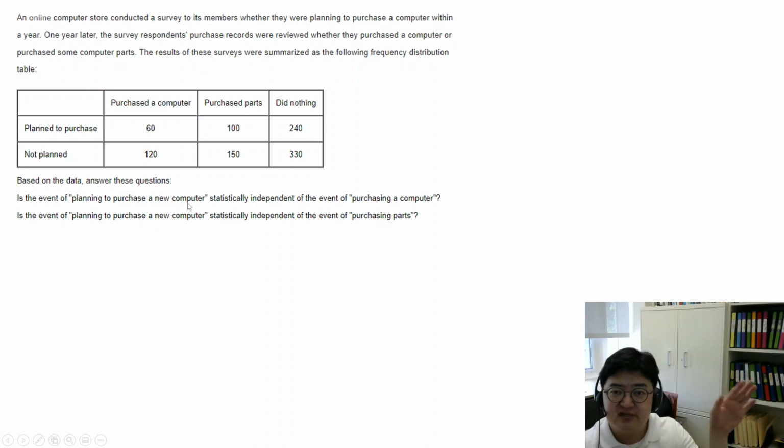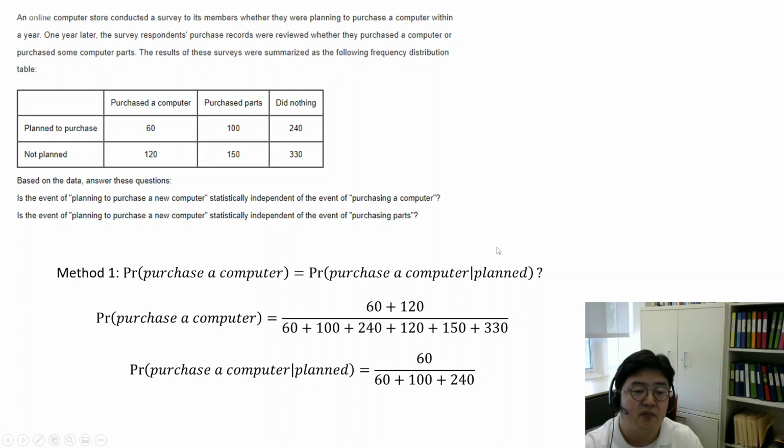So for the first pair of events, there are two different methods to check the independence. I'm going to show you both methods here. The first method is to compare the probability of actually purchasing a computer unconditionally versus conditional on the customer planning to purchase a computer, right?